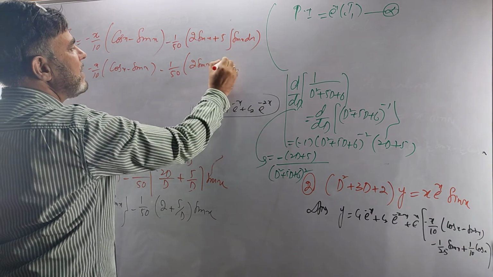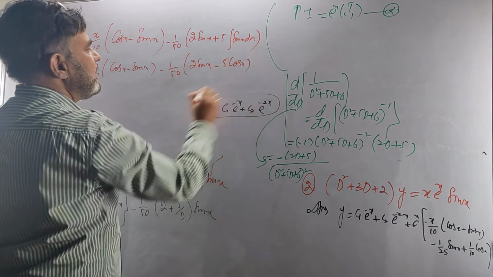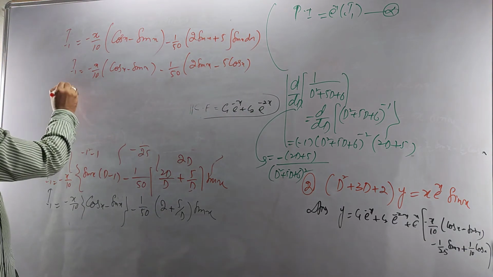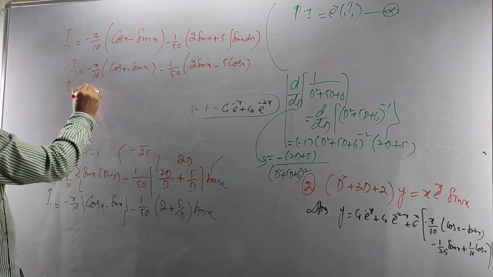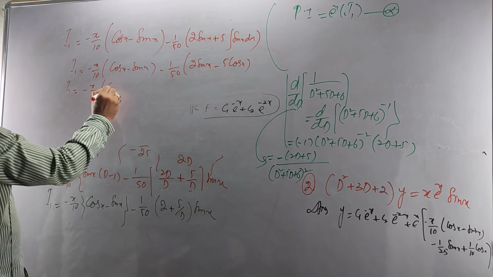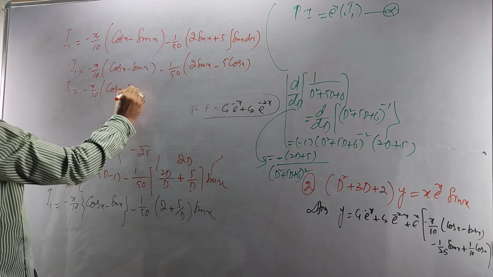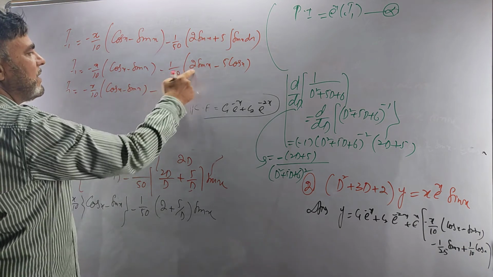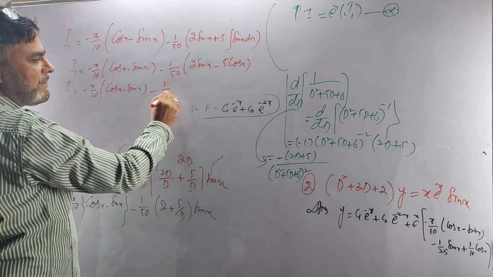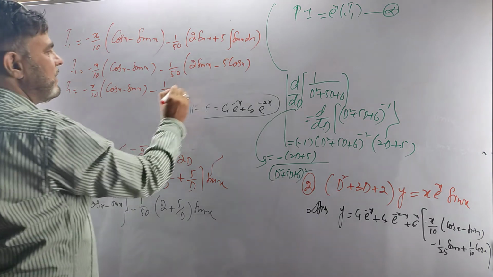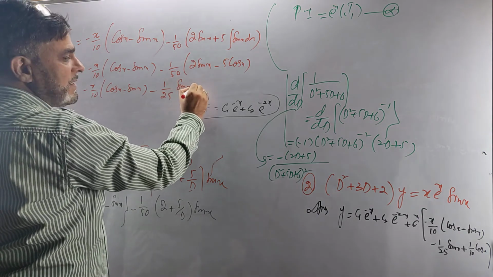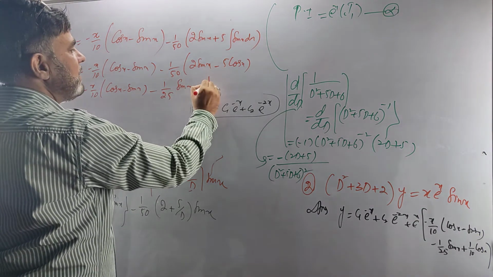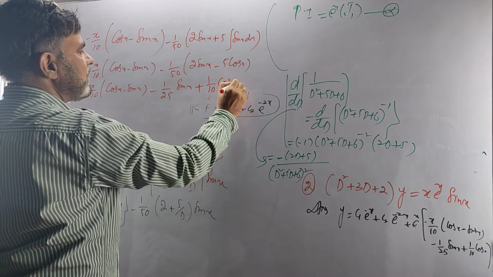Integral of sine is minus cos x. Therefore, you get I1 is minus x by 10 cos x minus sine x, minus 1 by 25 sine x, then plus 1 by 10 cos x.